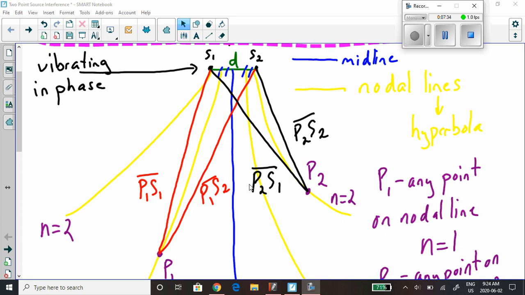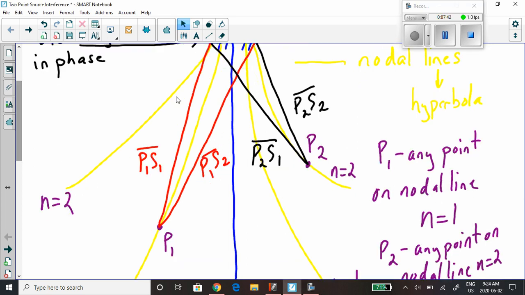And what I've drawn here is an area of nodal line. There it is. This is the first time you run into destructive interference, and then it's symmetrical on the other side. Then the second time you run into destructive interference, it's on the other side.